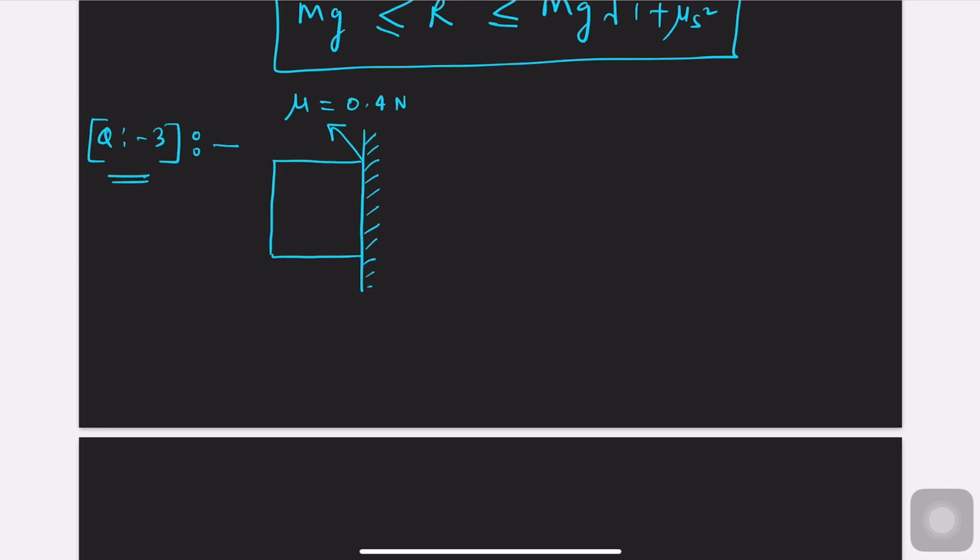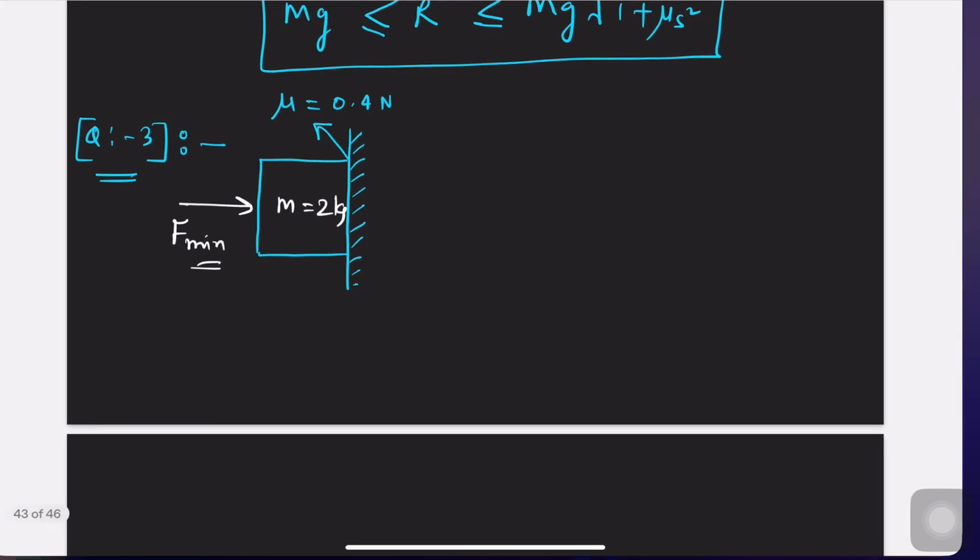So guys, suppose this is the situation, and coming back to the problem, suppose the mass is given to you as 2 kg. The question is, how much minimum force F do I have to apply like this so that I can hold the body from slipping downward?